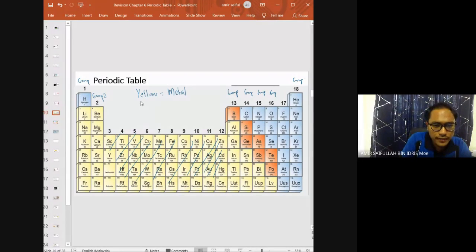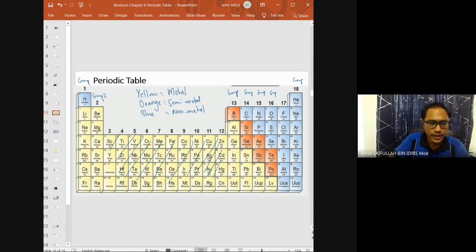The one in orange is semi-metal, and the one in blue is non-metal, so they are not metal. Group 1 and group 2 are mostly metal except hydrogen, a special case.